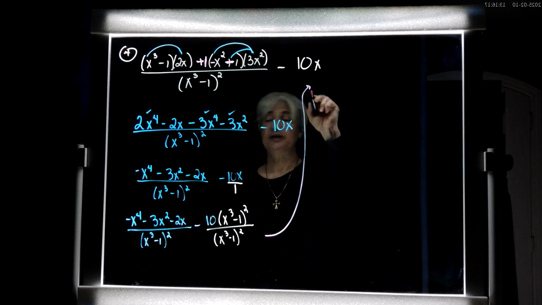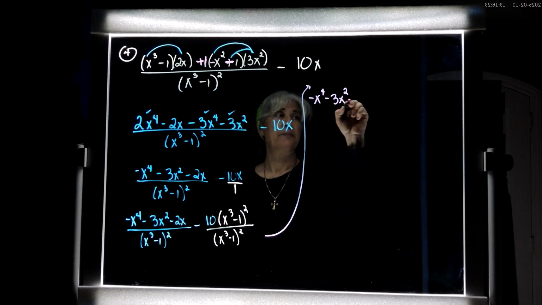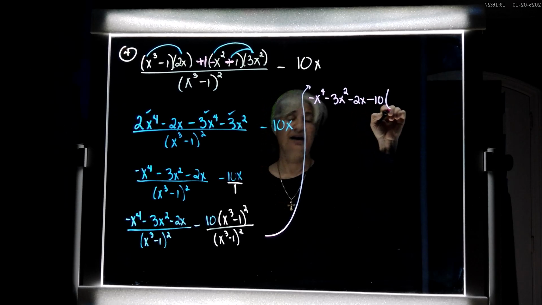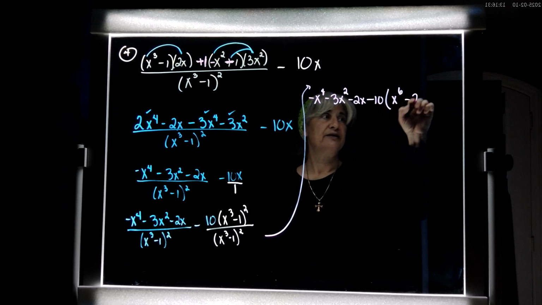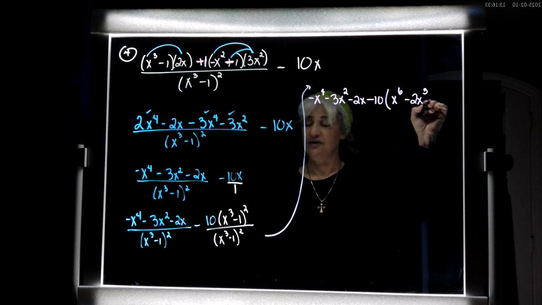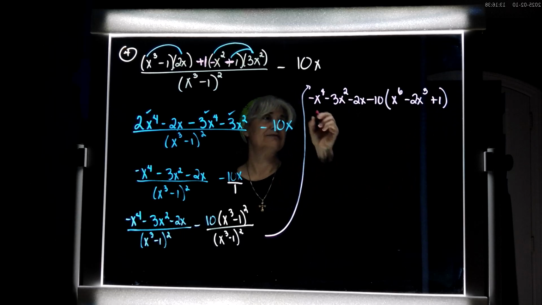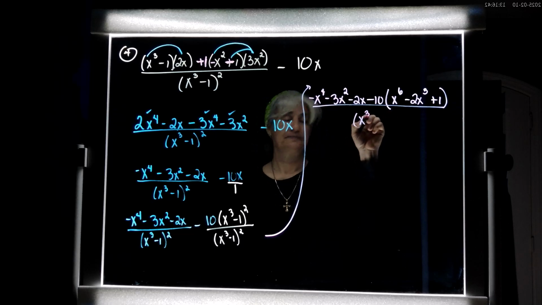So I'm going to go over here. We have negative x to the fourth minus 3x squared minus 2x minus 10 times, did you get x to the sixth minus 2x to the third plus 1? I hope so. All over the common denominator.